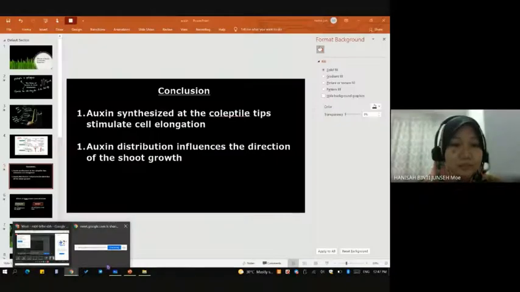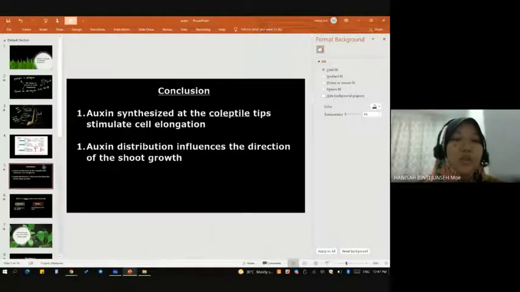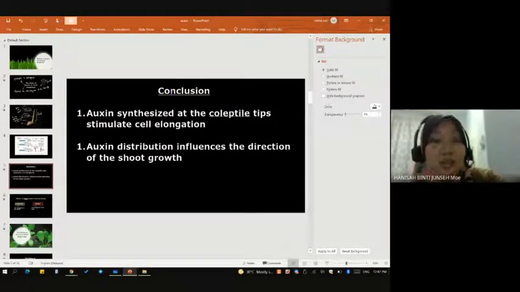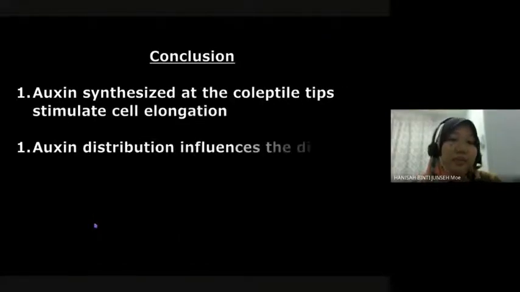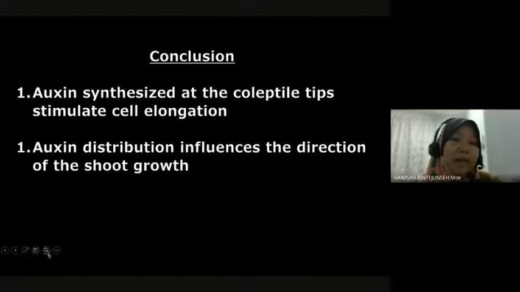Alright. Now we go to the conclusion of that experiment. Okay, so conclusion, I just mentioned the conclusion. So the conclusion is, first, the auxin is synthesized at the coleoptile tips to stimulate elongation.